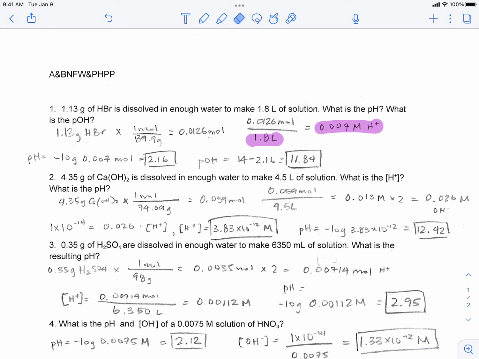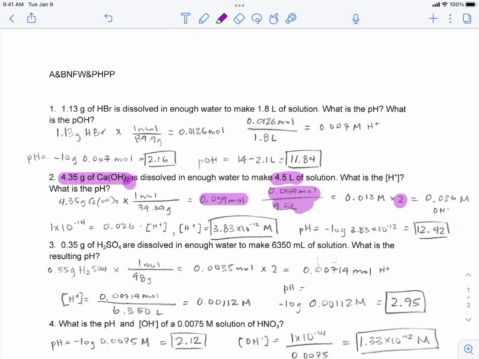In the second problem, same idea. This time we've got 4.35 grams of calcium hydroxide. So we're going to convert that into moles, and we're going to multiply that by 2 because there's 2 OHs there, right? So I multiplied it by 2 way over here. It doesn't matter when I do it. Then moles per liter again, so 4.5 liters, so I'm dividing right here.